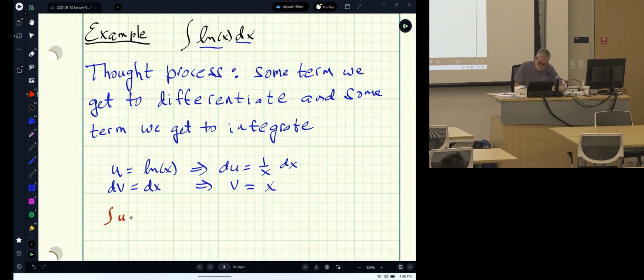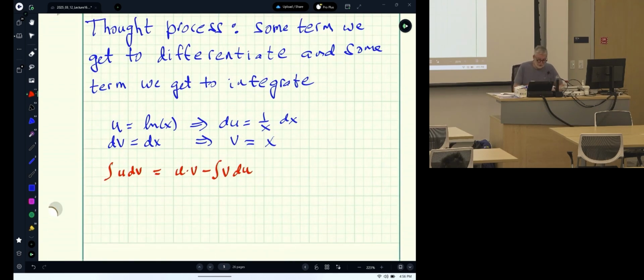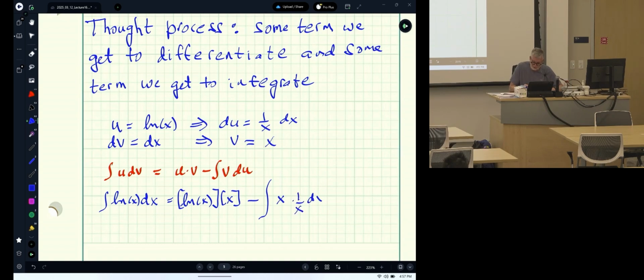And I think it's always good practice to put everything in, and then the antiderivative, excuse me. So u is log of x. v is x, and then minus antiderivative of v du. v is x, du is 1 over x dx.